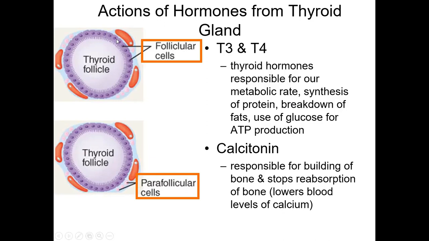Here's the artistic rendition of the follicle and the follicular cells. They are responsible for making T3 and T4. And on this artistic rendition, if you look close, there are clusters of cells outside of the follicle. These are the parafollicular cells.